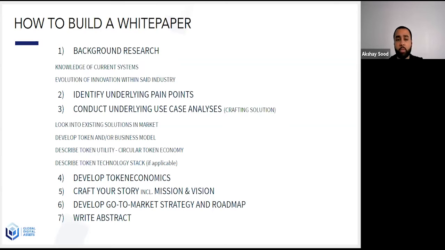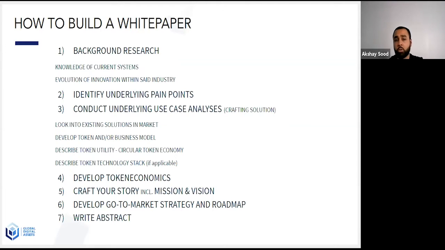And then on top of that, what is the evolution of innovation that has occurred within that industry? How has technology evolved over time, and why is blockchain now going to be the next step in making things more efficient, or in being able to realize more potential value?